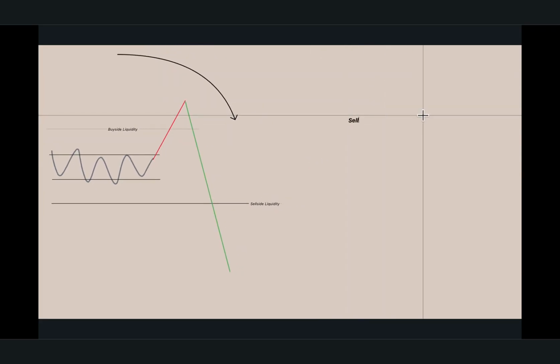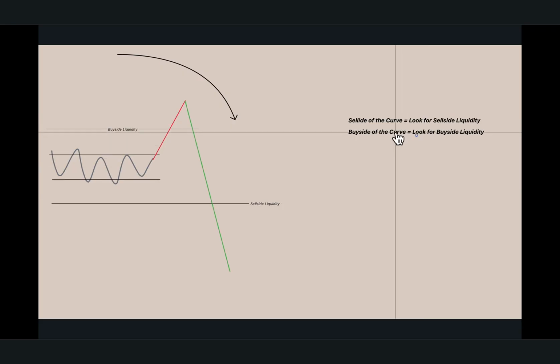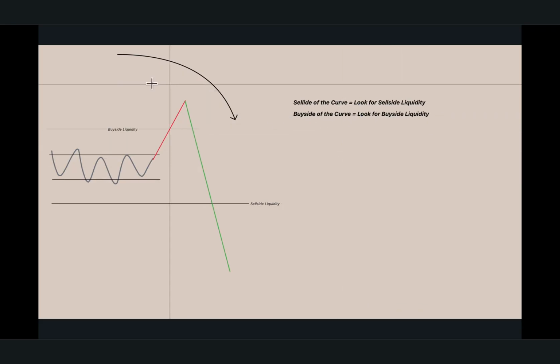Sell side of the curve equals look for sell side liquidity, right? Very simple. Buy side of the curve equals look for buy side liquidity, right? And it starts to make a lot of sense once you put it into this context, right?